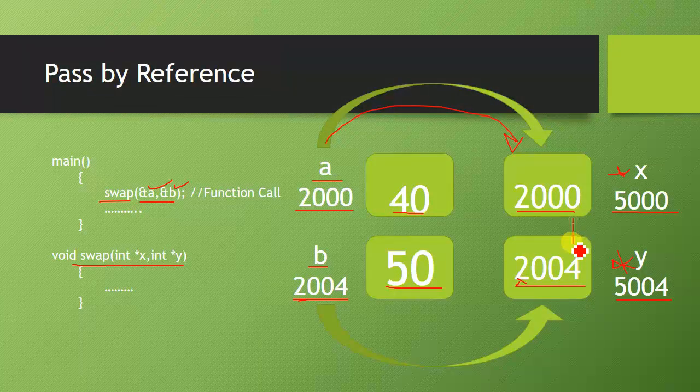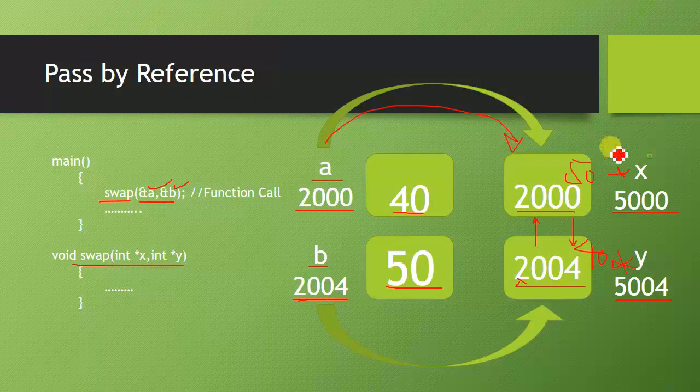So if we interchange the values at addresses 2000 and 2004, in pointer x we are going to store 50, and in memory location 2004, which is at pointer y, we are going to store 40. So we are actually making changes at these memory locations.